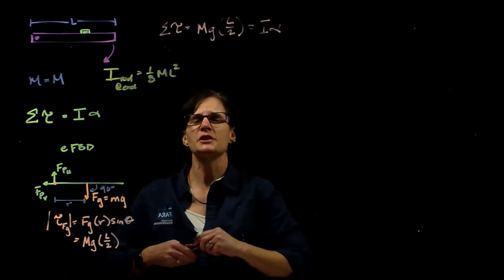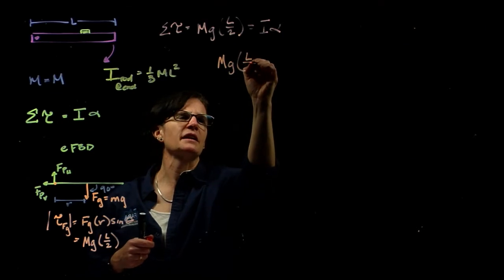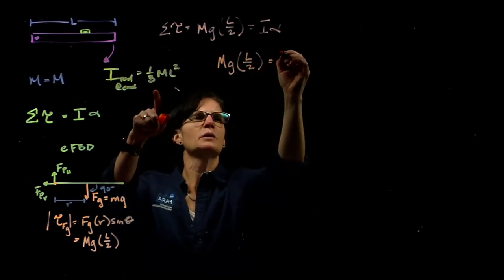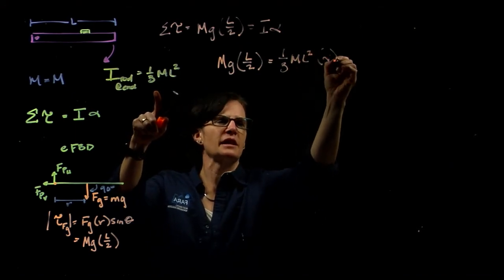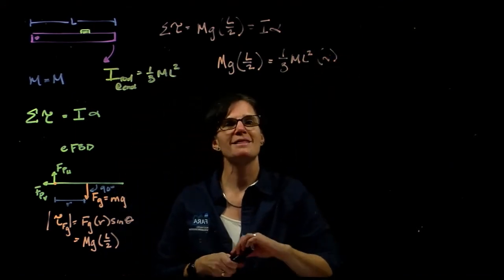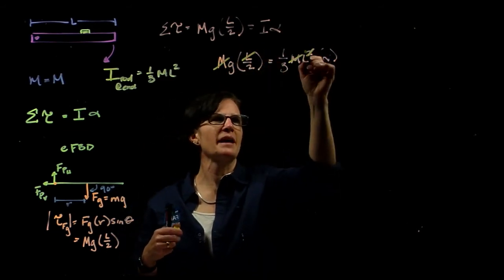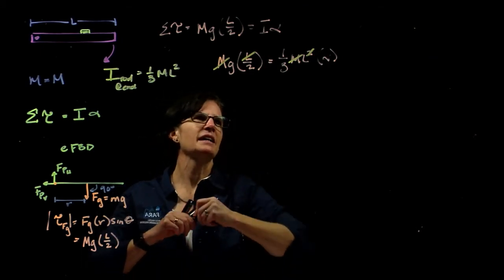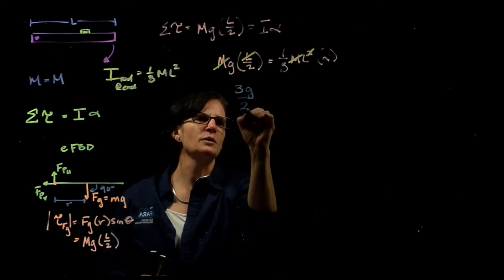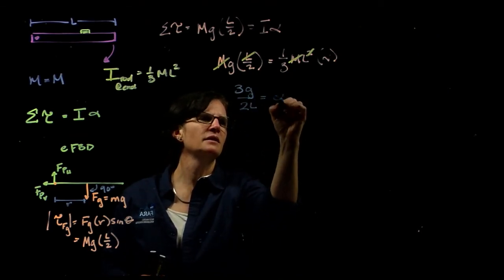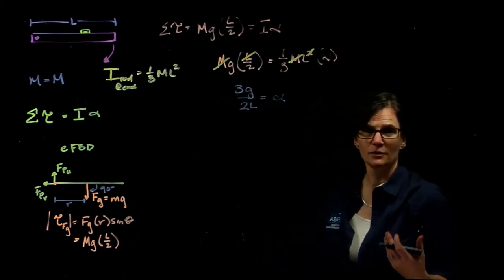Putting that into our relationship, we have mg times L over 2 is equal to 1/3 m L squared times our angular acceleration. Doing a little cancellation, the m's cancel, one of the L's cancels, and I bring the 3 over. I have 3g over 2L is equal to my angular acceleration. So the angular acceleration depends on the length of the rod, and it's equal to 3g over 2L.